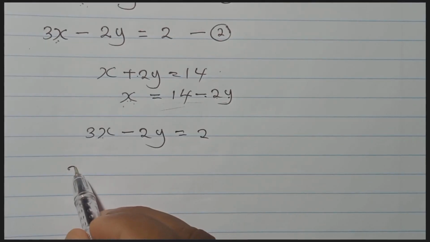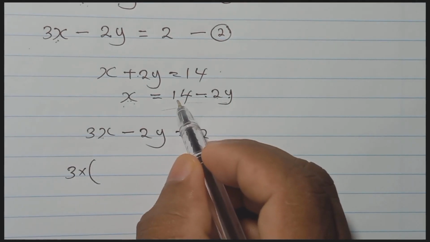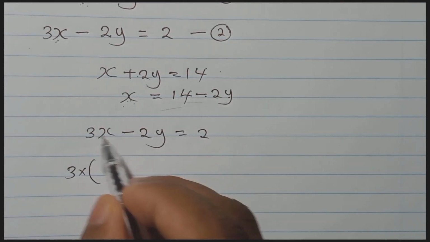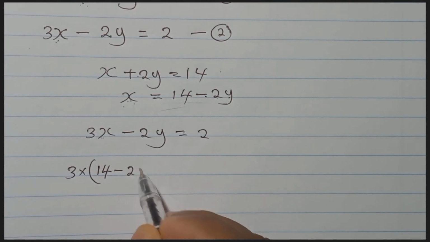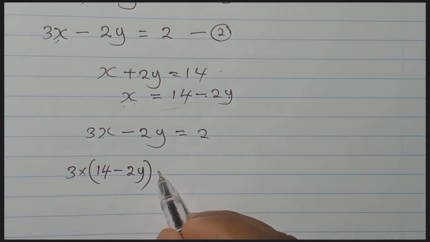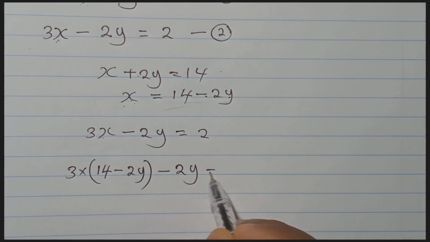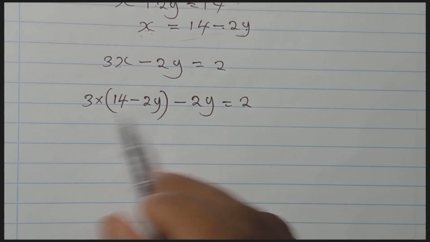Okay, 3 into, here, x means what? 14 minus 2y. So x is replaced with 14 minus 2y. This x I can replace like this. Then here you have minus 2y equals, like this. Now simplify this.